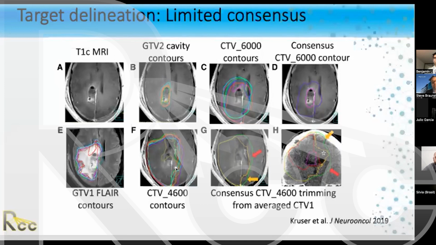But here, more posteriorly, you can see that some within the expert pool were allowing what is essentially an isotropic expansion of their GTV contour to cross the falx into the occipital pole. So even with folks who treat CNS malignancies almost exclusively, there's still some variation in how folks treat.